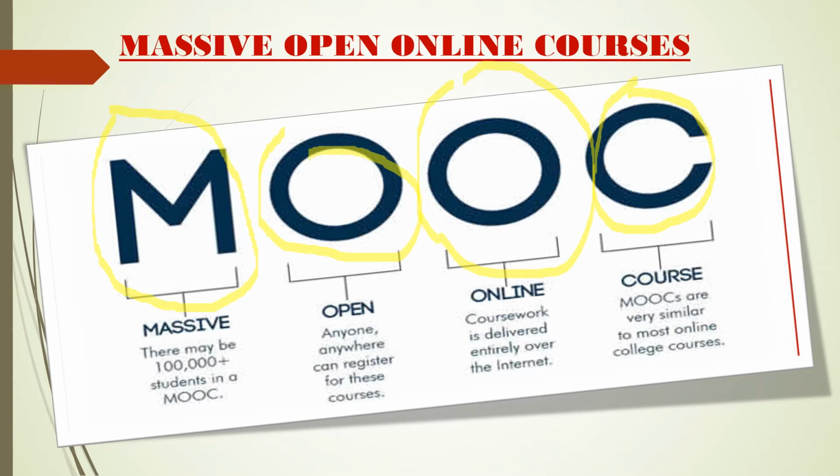So meaning, 'di ba, hindi na limited yung mga information na maa-access natin. Kumbaga, dito, 'di ba, mas marami tayong matututunan. Bakit? Kasi whatever sections or whatever subjects that we want to know, we can use this massive open online courses.